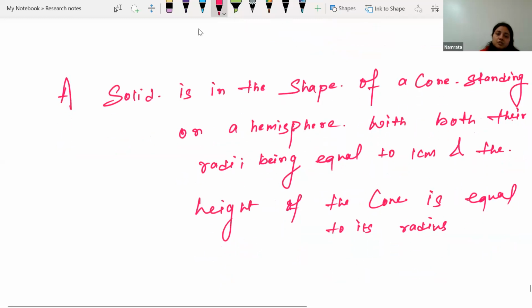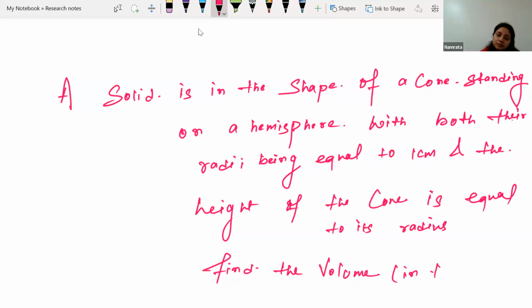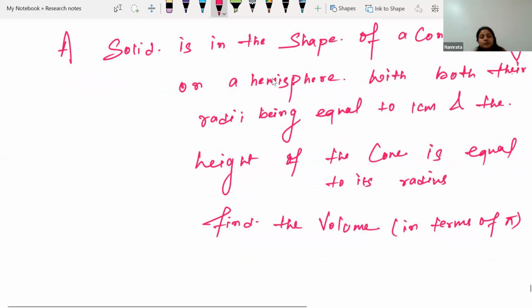Find the volume of the solid in terms of pi. There is a solid which is in the shape of a cone standing on a hemisphere.